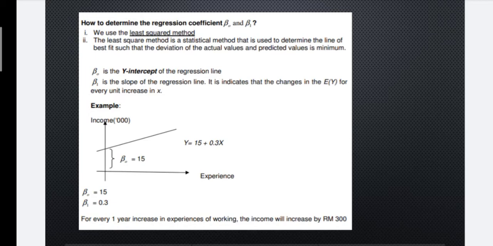Okay, so ataupun kalau you nak buat in your own words, tapi maksud yang sama pun boleh. Contohnya, let's say you katakan, when the year of experience is increased by 1 year, the income will also increase by 300 ringgit pun boleh.